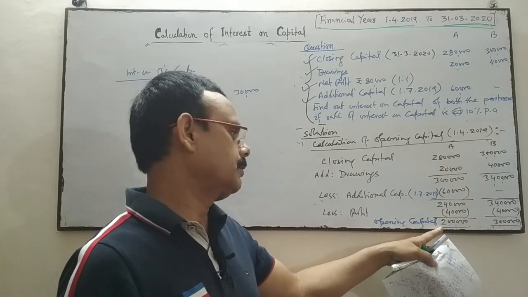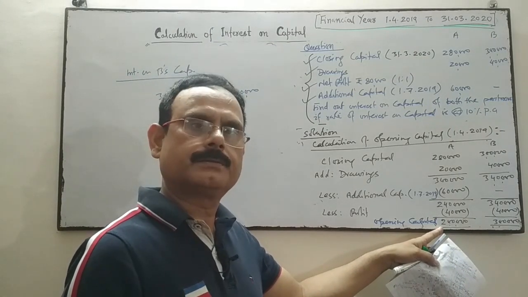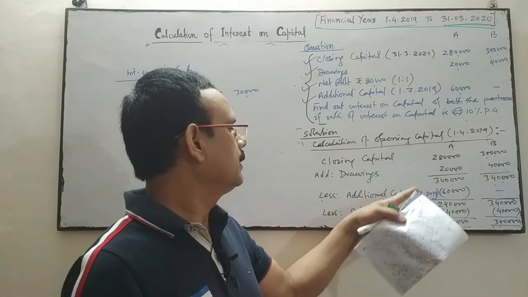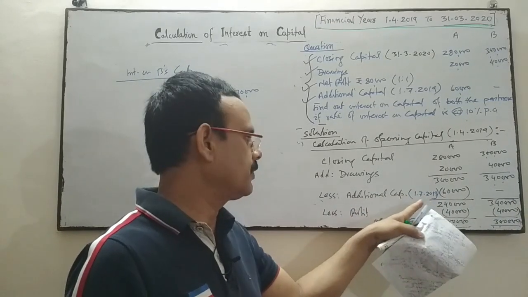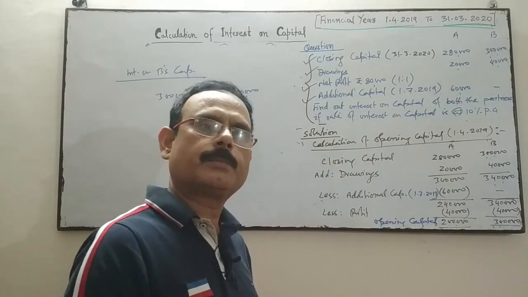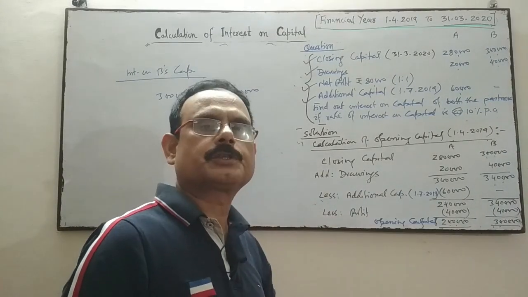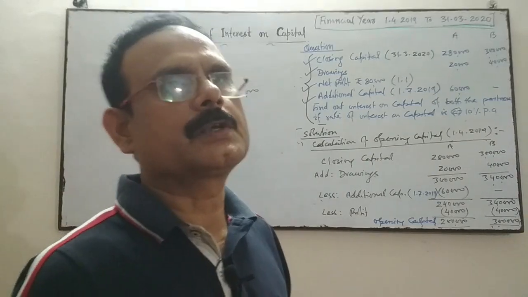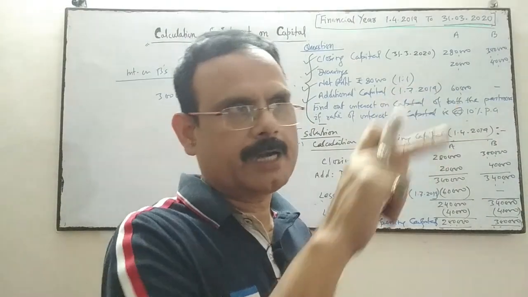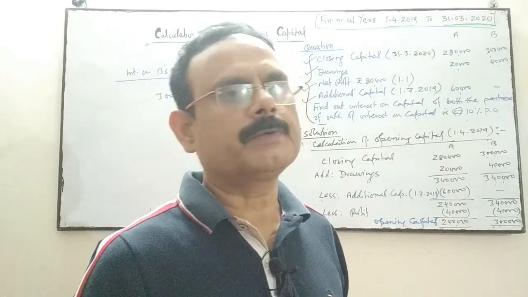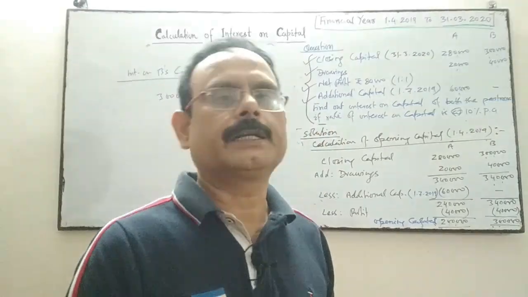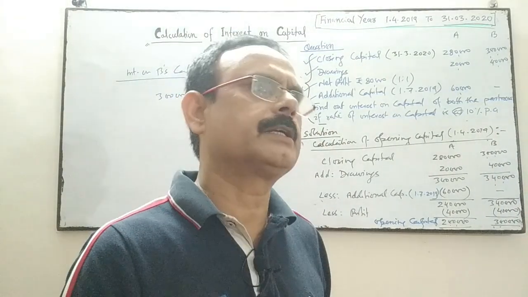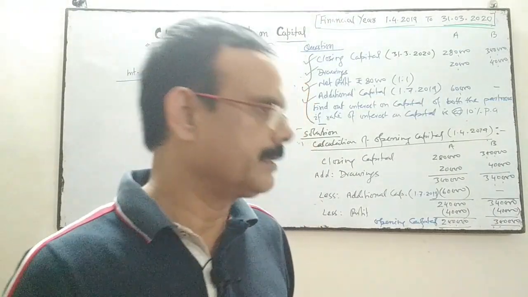So 2 lakhs into 10 by 100, and A has introduced 60,000 as additional capital on 1st July. So 60,000 into 10 by 100 into 9 by 12, for 1st July to 31st March, 9 months. When we add both the interests, we get the interest on A's capital. 3 methods I have discussed while calculating the interest on A's capital. Any of these methods you can apply.